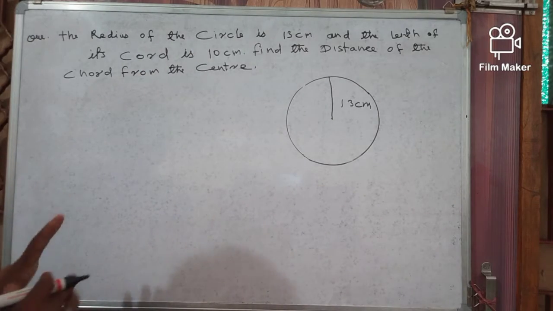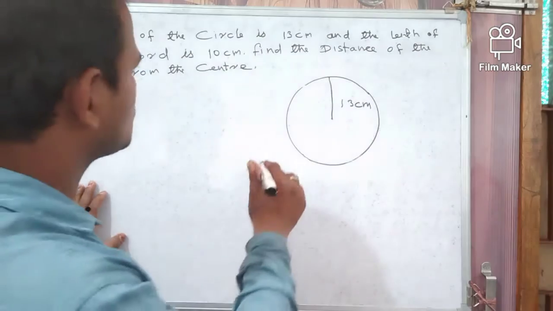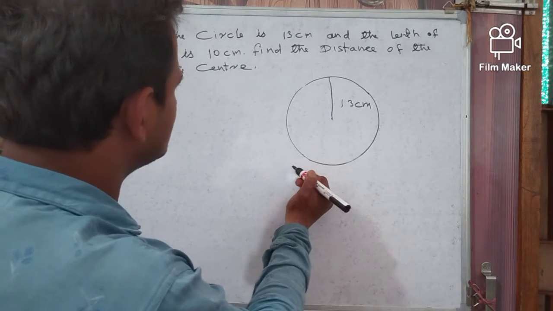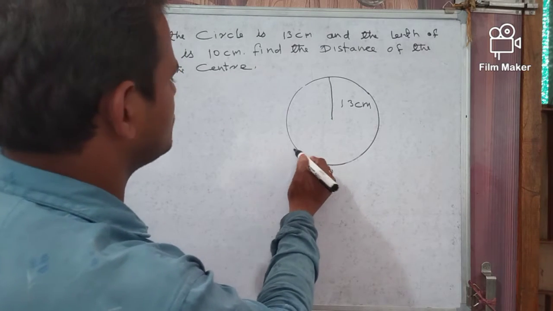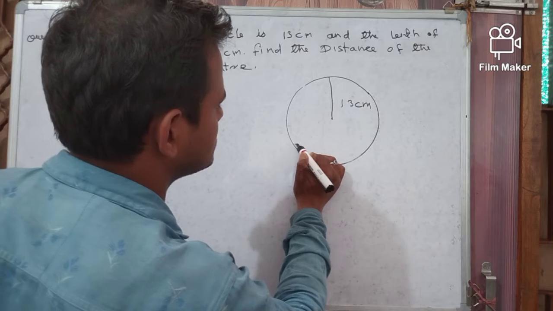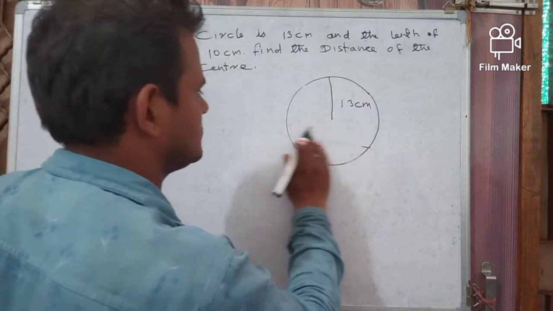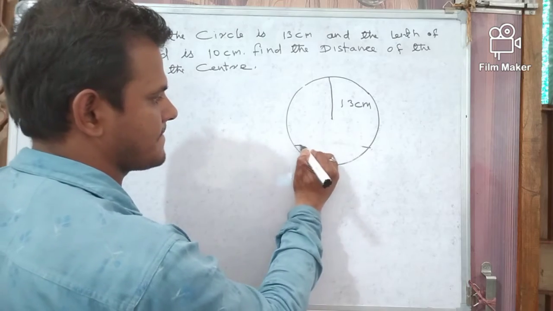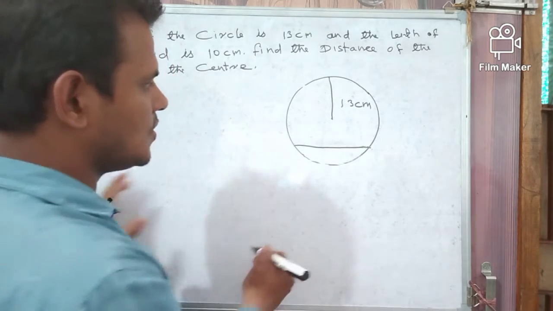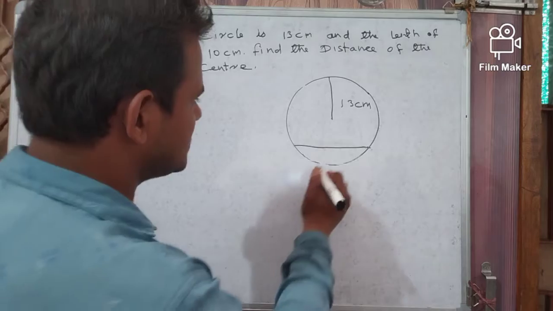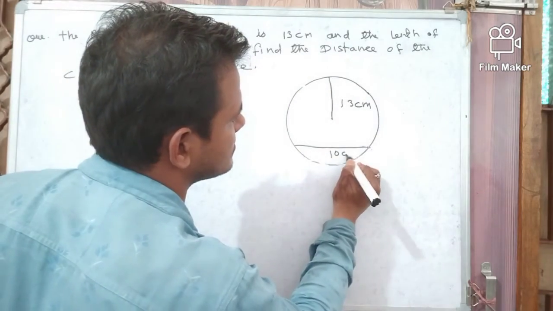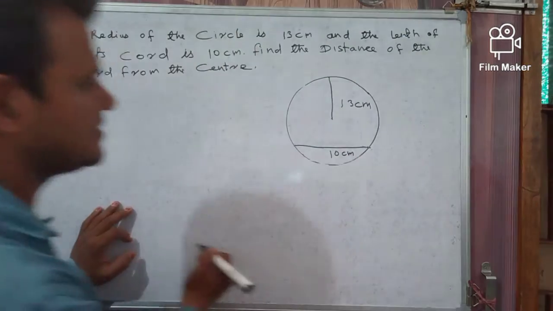Its chord is 10 centimeter, so draw it like this. This is a chord. Chord length is 10 centimeter, right?